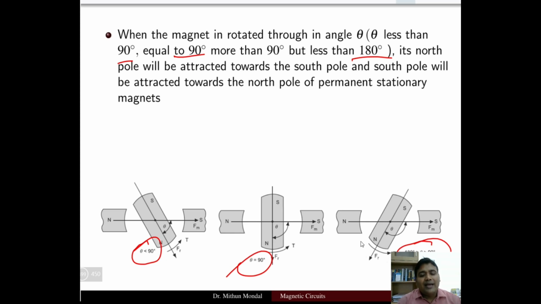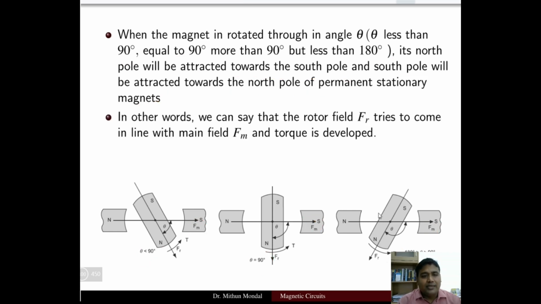So when the magnet is rotated for some values of theta, its north pole will be attracted towards the south pole and south pole will be attracted towards the north pole of the permanent stationary magnet. So the permanent stationary magnet is producing a field Fm always in the same direction, and there will be a force of attraction.